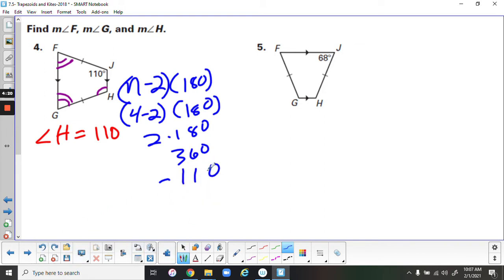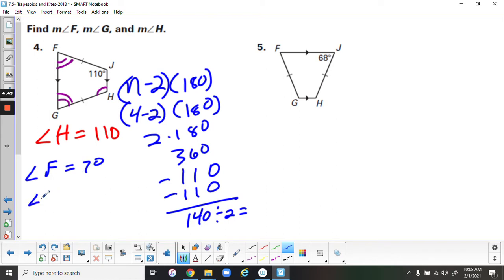So 360 minus 110 minus 110 is 140. And then I've got 2 of those, so I would divide by 2. So angle F is going to be 70, and angle G is going to be 70.